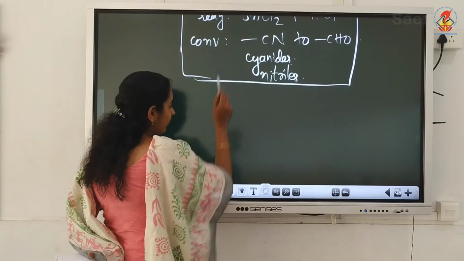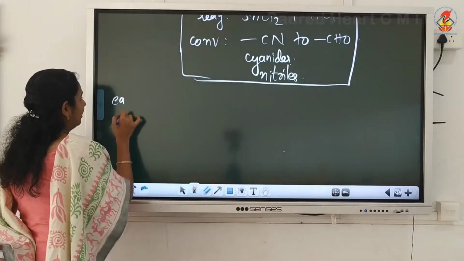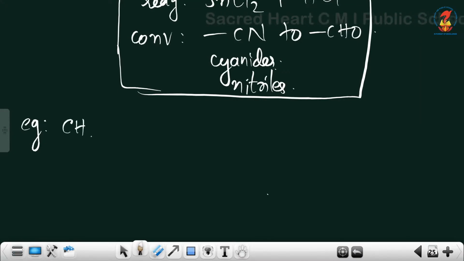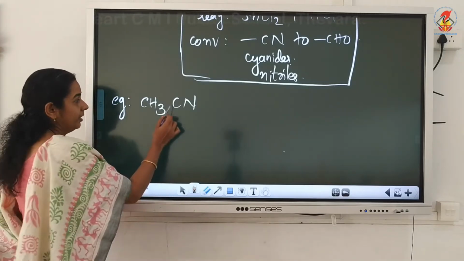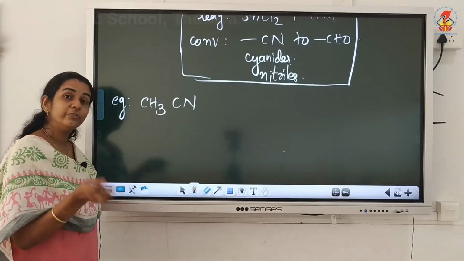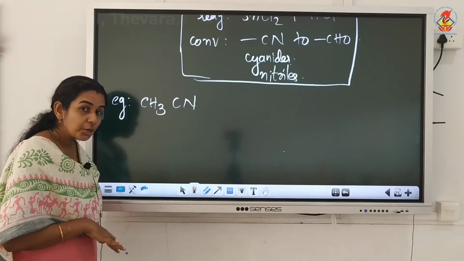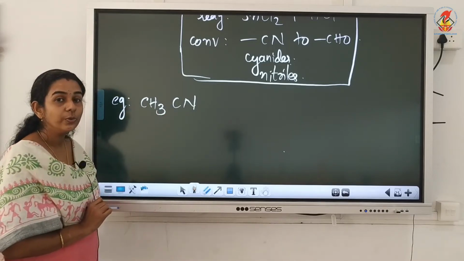To study the reaction, let us take this compound. Can you tell me the name of this compound? Functional group is CN. So to name this compound we have to include the functional group carbon atom also. So here we have two carbon atoms.